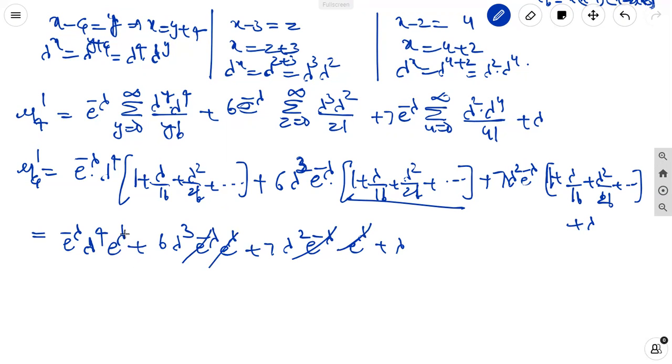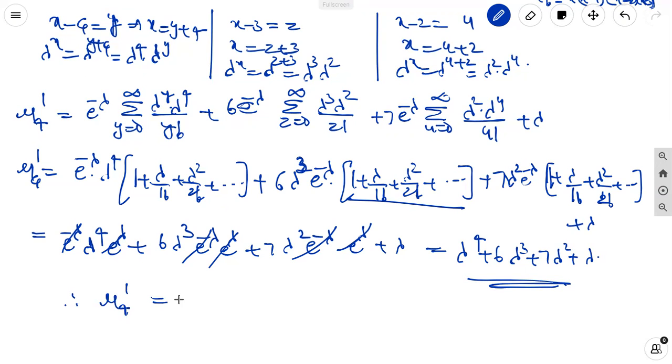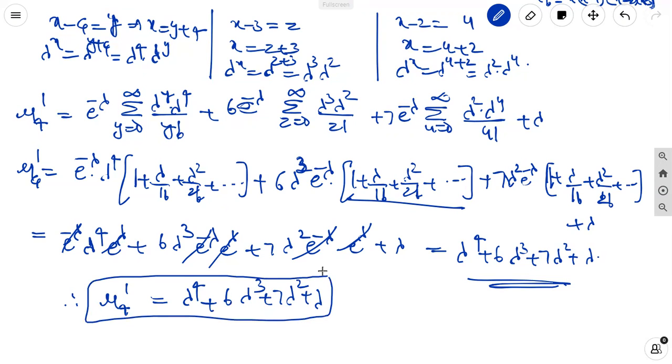E power lambda and e power minus lambda get cancelled. It is equal to lambda power 4 plus 6 lambda cube plus 7 lambda square plus lambda. It is the fourth moment. Therefore, fourth moment is equal to lambda power 4 plus 6 lambda cube plus 7 lambda square plus lambda. These are the four moments about the origin in Poisson distribution.